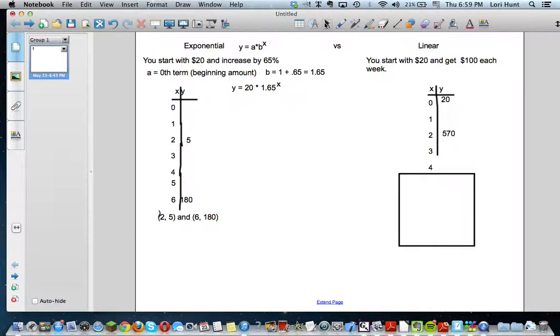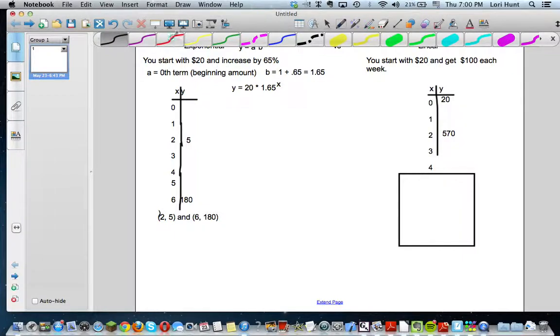Now, I don't have a or b in this case. And remember, a we could find by taking the 0th term, which we don't have. That would be a. And b we can find because that's the multiplier.